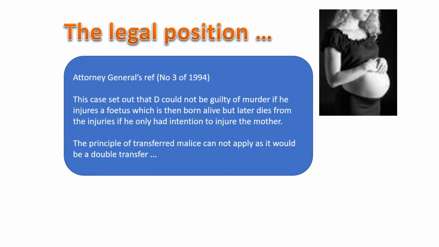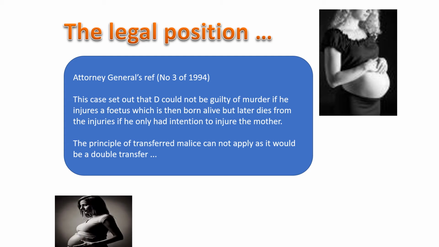So the legal position from the Attorney General's Reference number 3 of 1994 set out that the defendant could not be guilty of murder if he injures a fetus which is then born alive but later dies from the injuries, if he only had intention to injure the mother. Now the principle of transferred malice can't apply, as it would in essence be a double transfer.